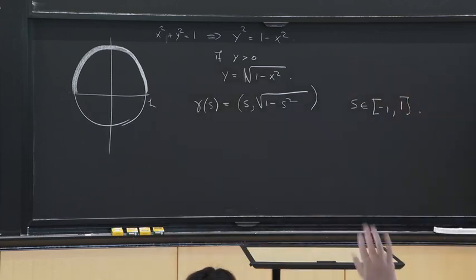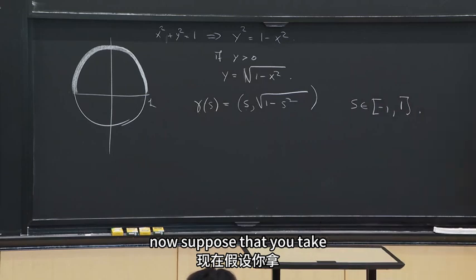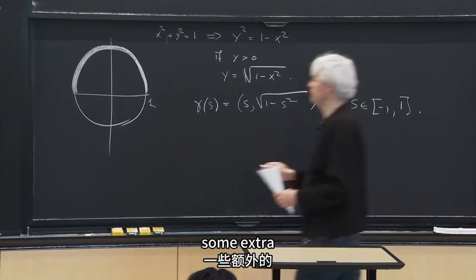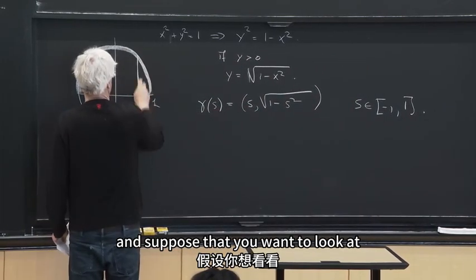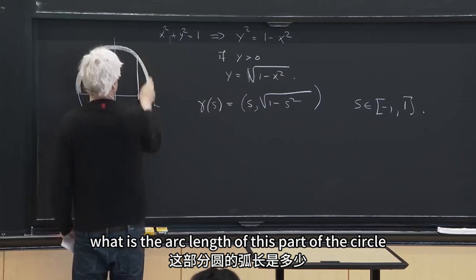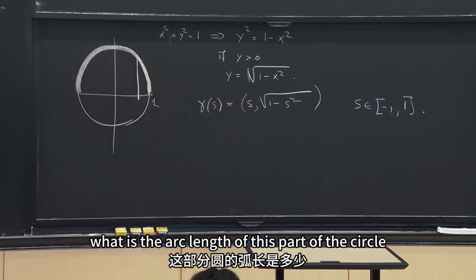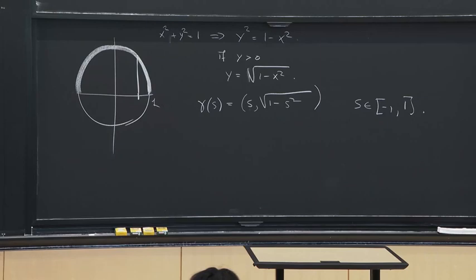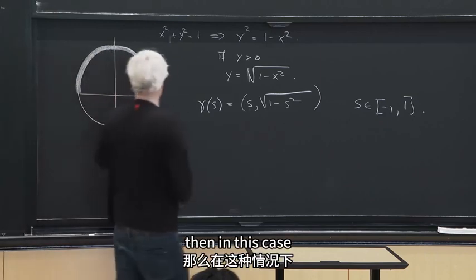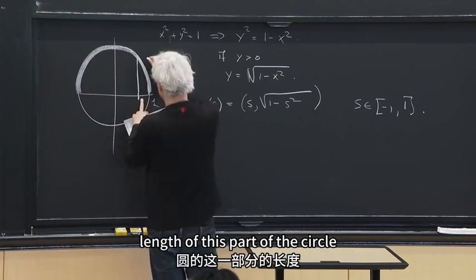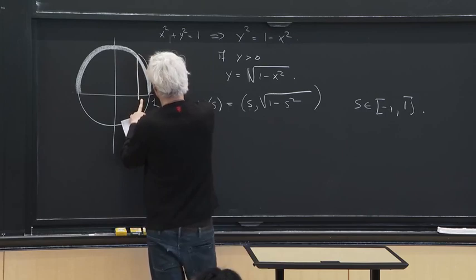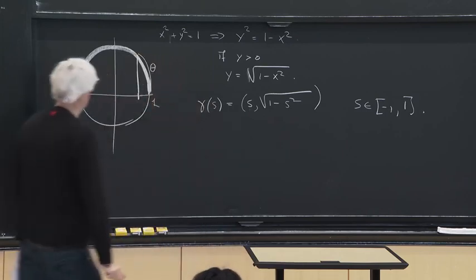Now suppose that you take some x here, and you want to look at the arc length of this part of the circle. Let's call that arc length theta.